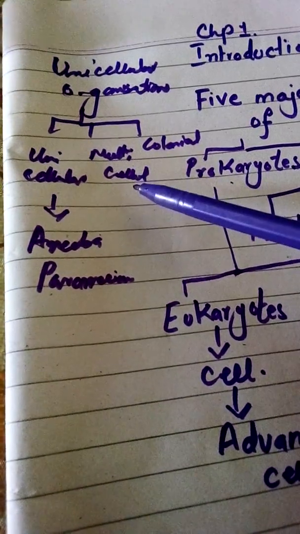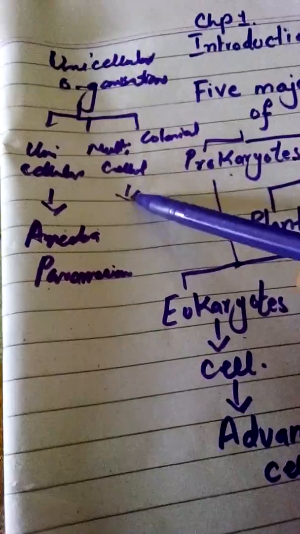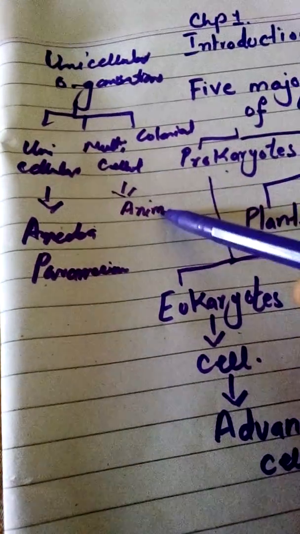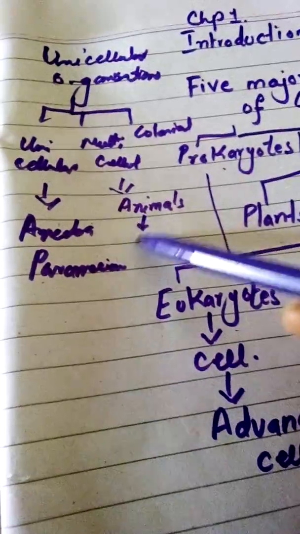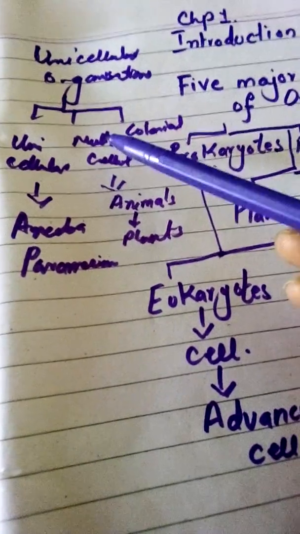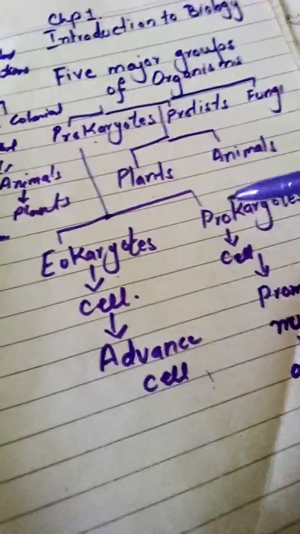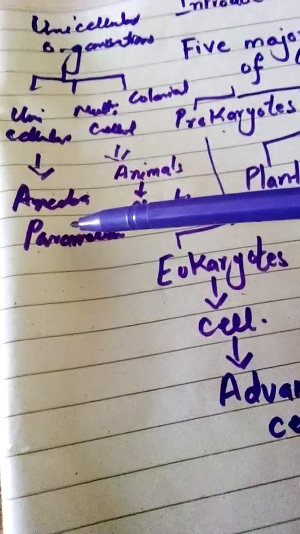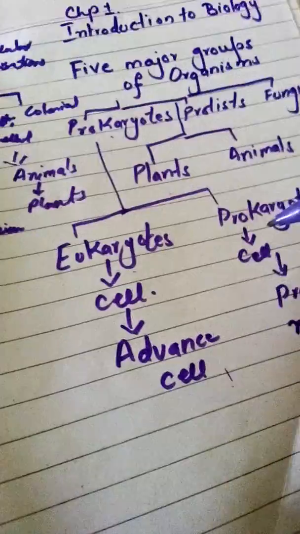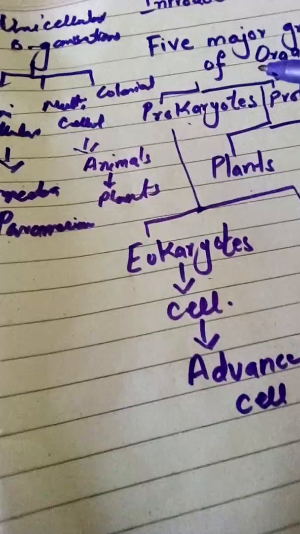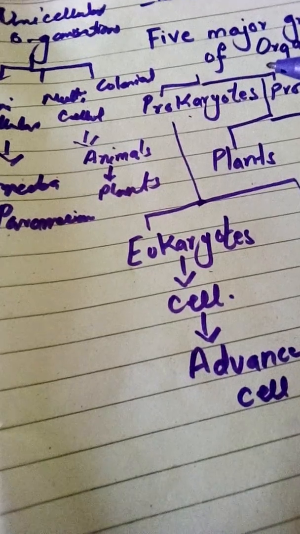And when we talk about multicellular organisms, animals and plants come into it. We are multicellular organisms with eukaryotic cells, and there are unicellular organisms with prokaryotic cells.